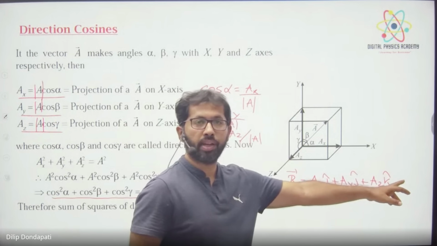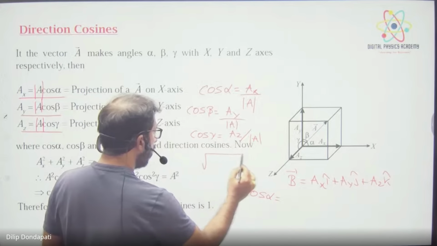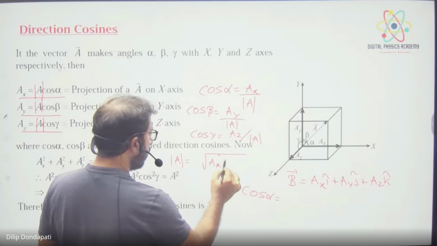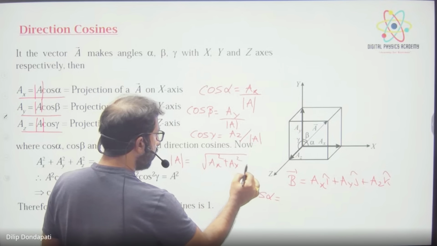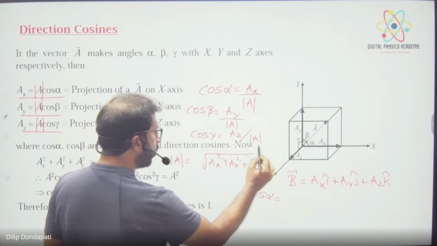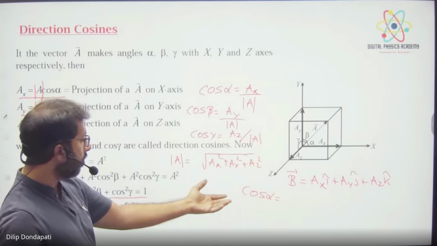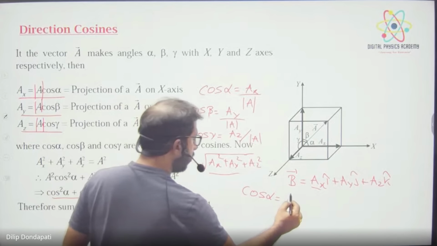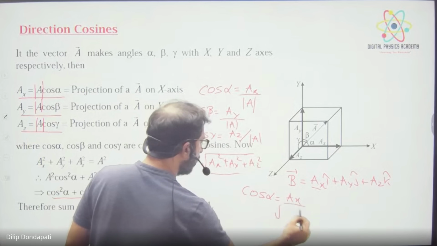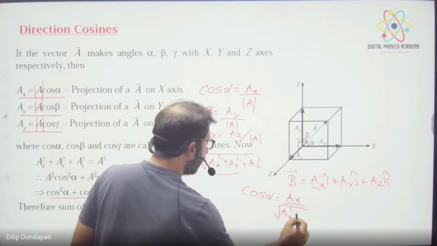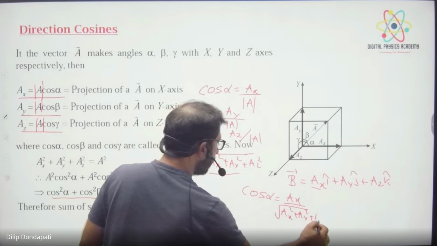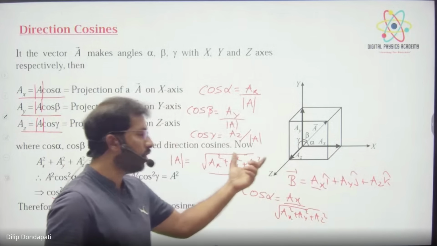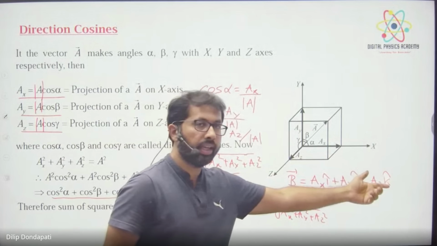Mod A is under root ax square plus ay square plus az square. This is called magnitude. Cos alpha is ax by mod A, so ax by under root ax square plus ay square plus az square. Similarly, cos beta is ay by this total, and cos gamma is az by total.